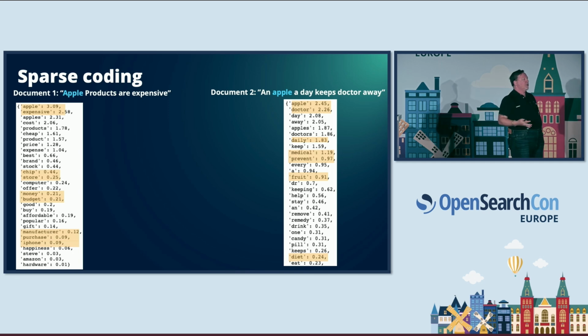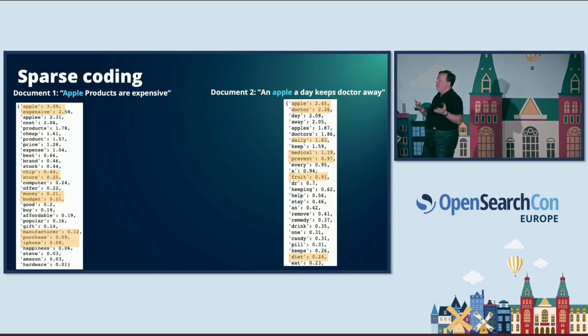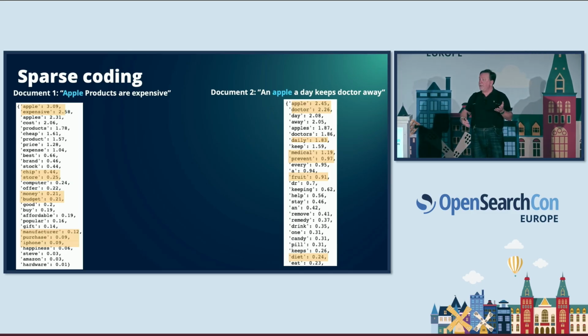We talked about sparse coding, and sparse models take the full set of words and use a tokenizer to reduce it to about 32,000. We then use a transformer to generate weights for each of these 32,000 tokens.